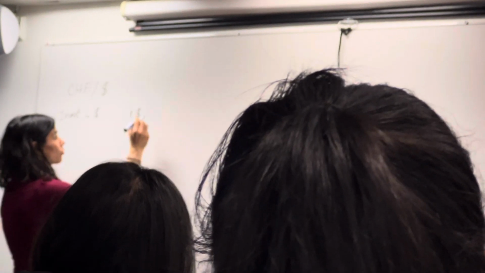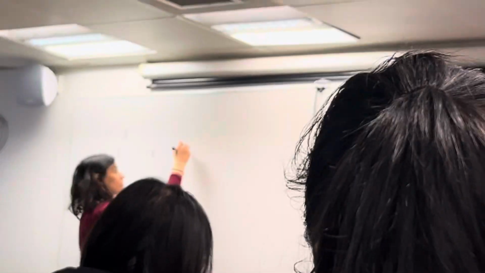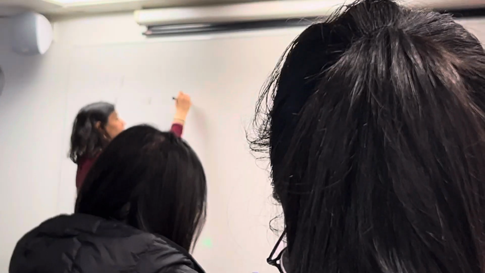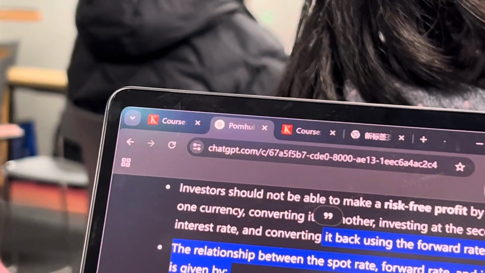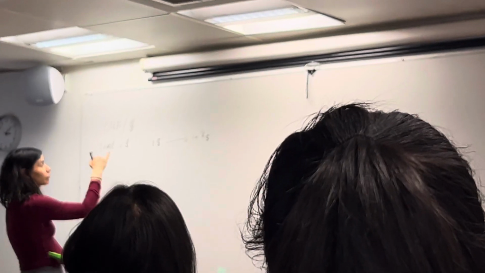So if we invest in dollars, $1 will get us how many dollars after a period? 1 plus the interest rate. Let's do them with symbols first. And here I can do them with numbers.